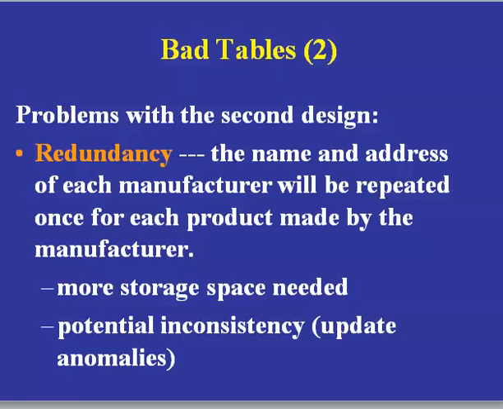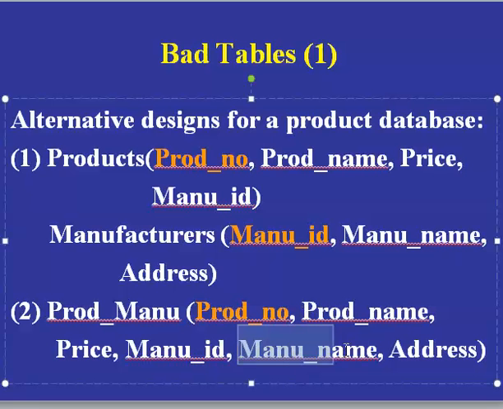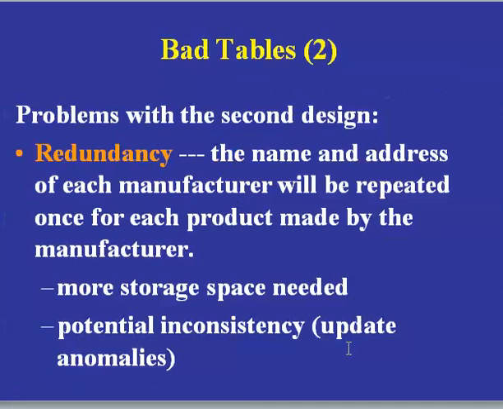For example, the name and the address of each manufacturer will be repeated. So here we have product name and then here the manufacturer. What it means is that if we have a manufacturer that produces more than one product, we're repeating that. Now what's the problem with the redundancy? Well, there is more storage and there is a possible inconsistency. Why possible inconsistency?